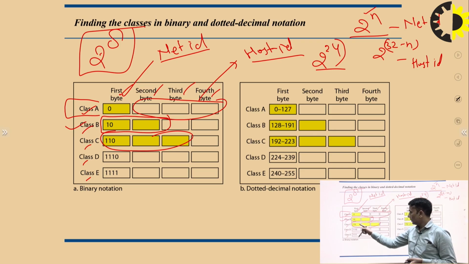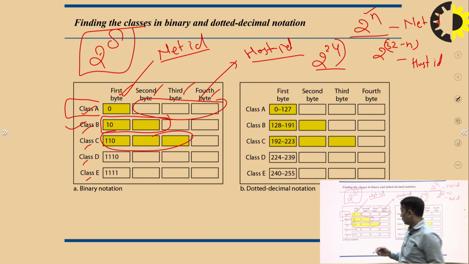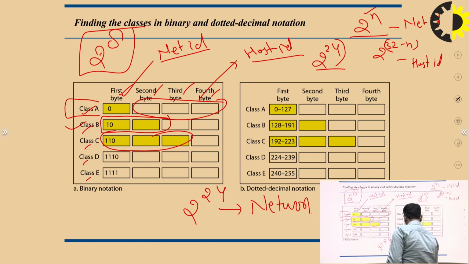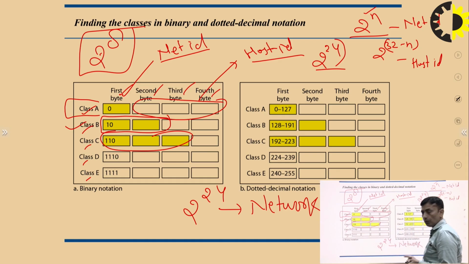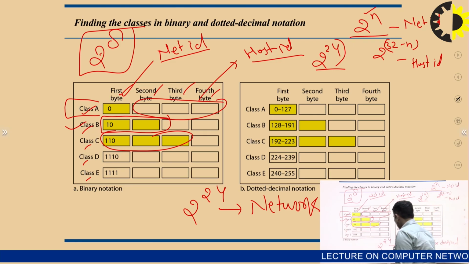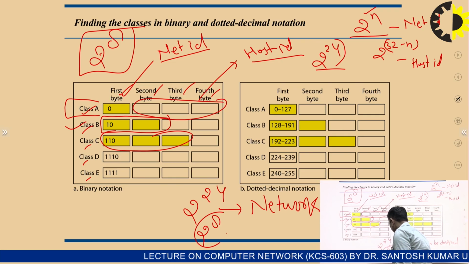3 bytes for the network ID means 2 to power 24 networks can be designed. And the size of each network will be maximum 2 to power 8.